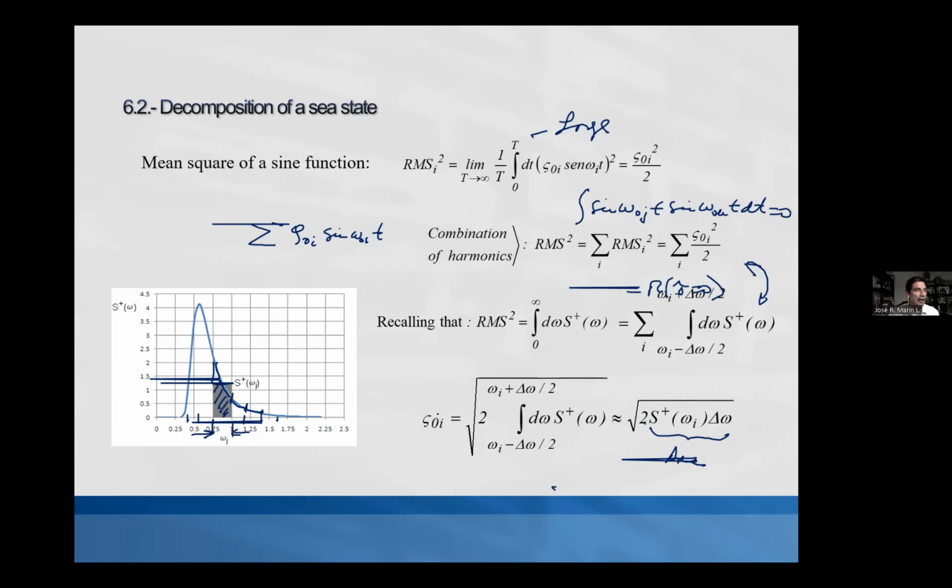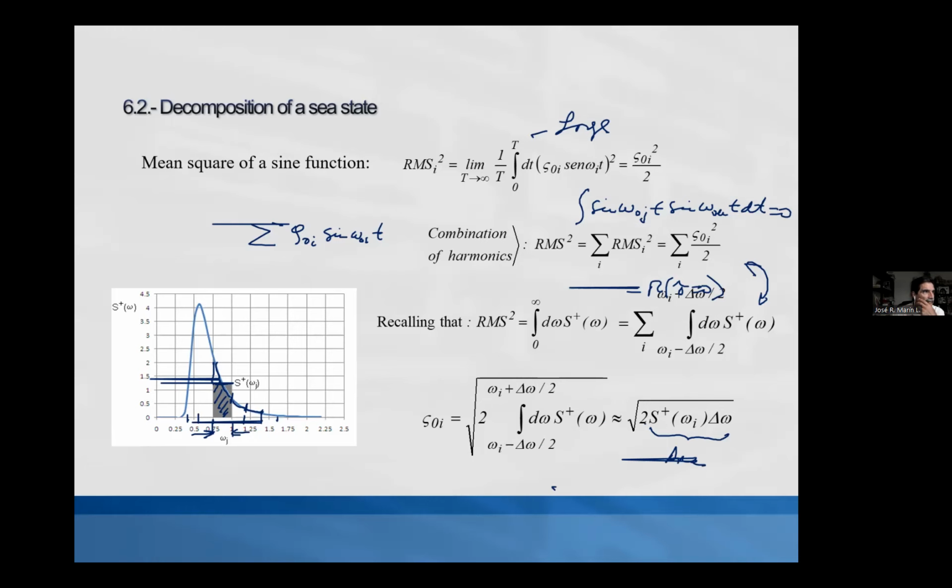Okay, how many harmonics do you think it's a good number to do a simulation? Anybody? You can say it has to be a large number, of course, yeah. But how large is large for you?